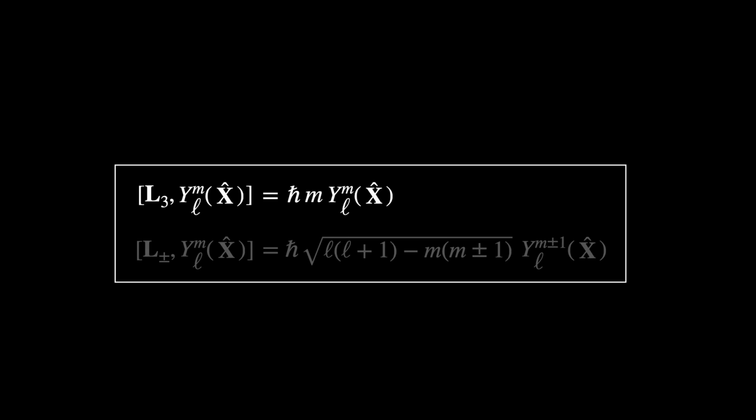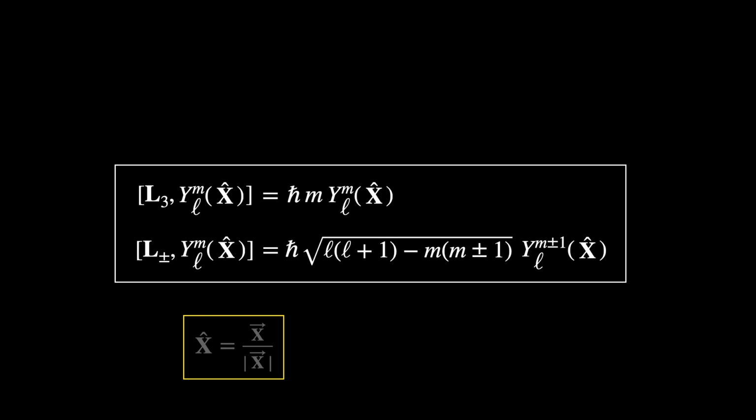Now that we have shown that the spherical harmonics, with its position argument replaced by the position operator, is indeed a spin L operator which satisfies these commutation relations, we can take another simple step to make this result even more general.